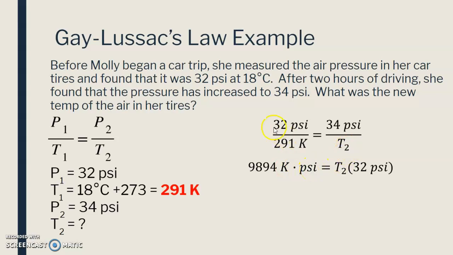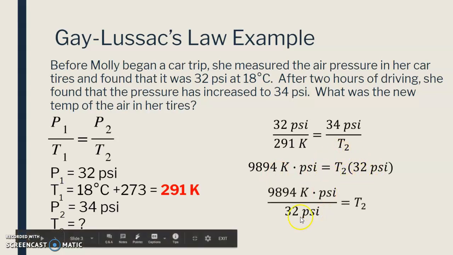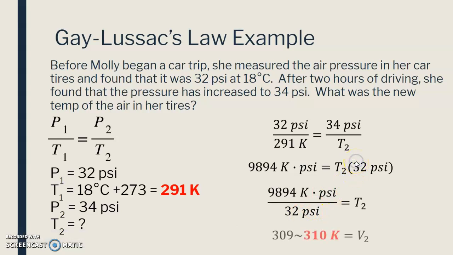And T2 times 32 is 32 T2, or this is my X if you wanted to use that as the example. I divide both sides by the 32 so I can get the T2 by itself. And when I do that, my psi units actually cancel out, and I plug it in and I get 310 as my final answer. I needed 2 significant digits for my final answer when I look at my pressure.